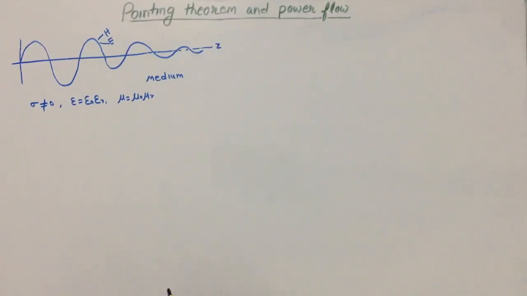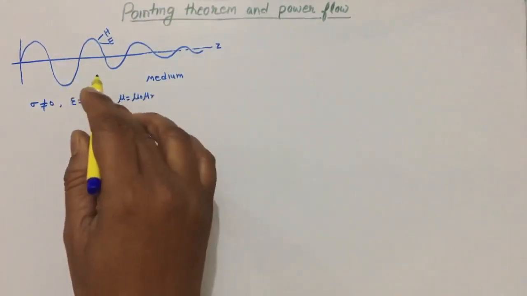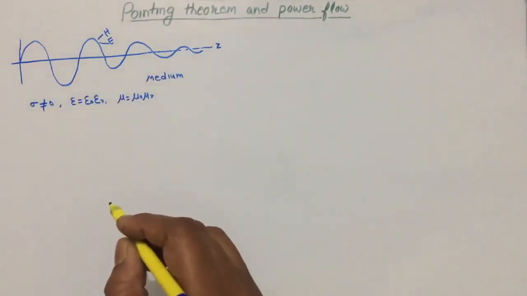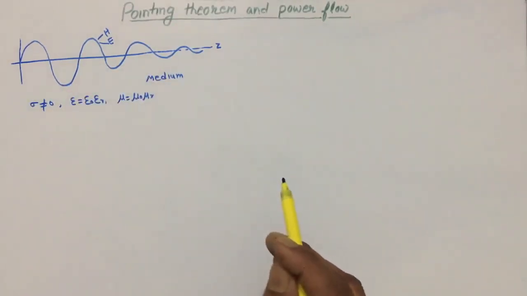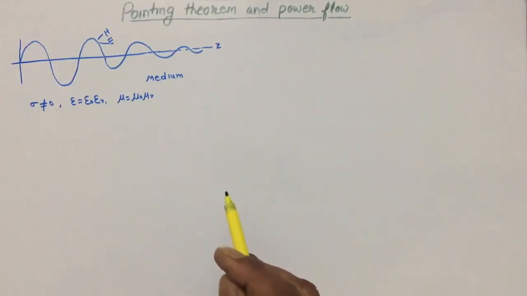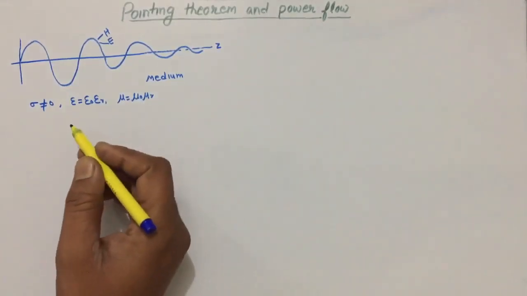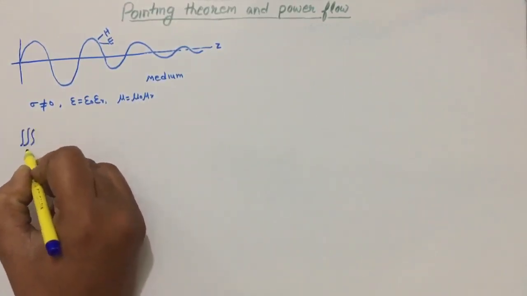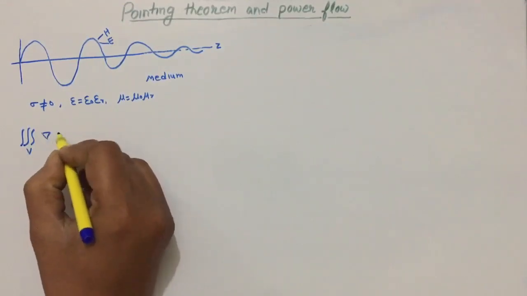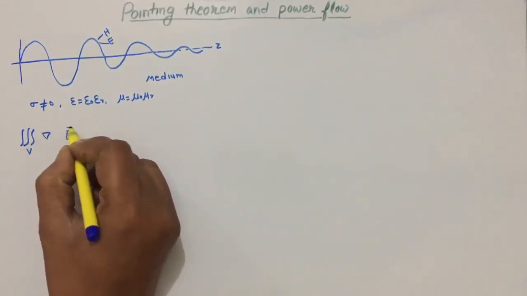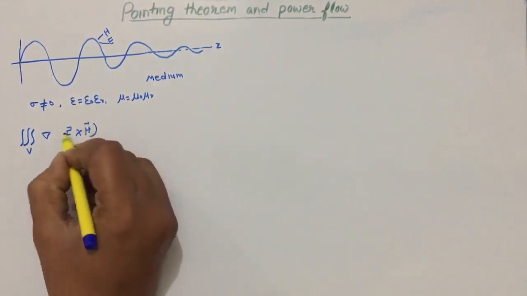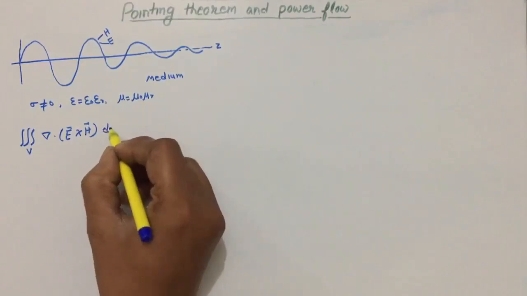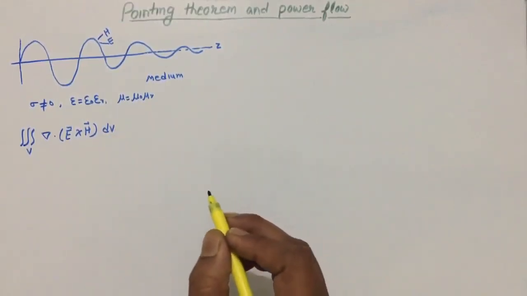We have discussed this, and the power that decreases from the wave will be thrown out from the system, from the medium, that is due to the negative sign. So the power flows outside of the volume of the medium, which we derived as, I think, del dot E cross H. This was the power flow outside of the volume of the medium.